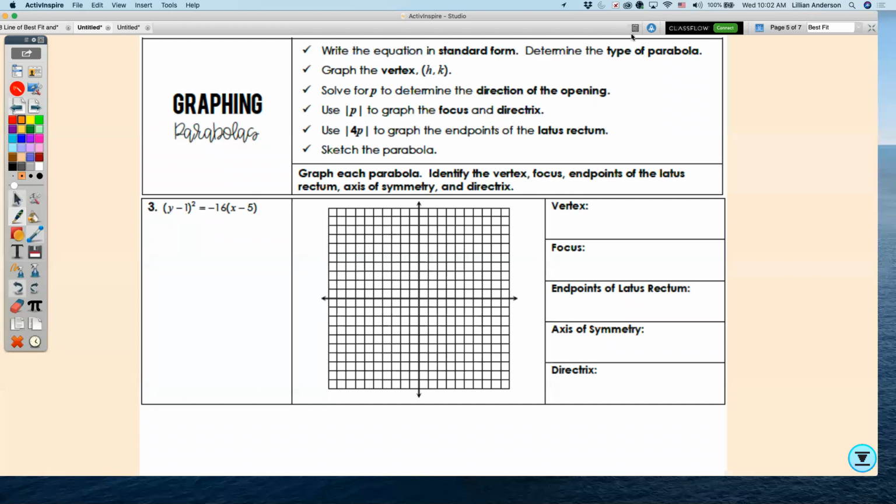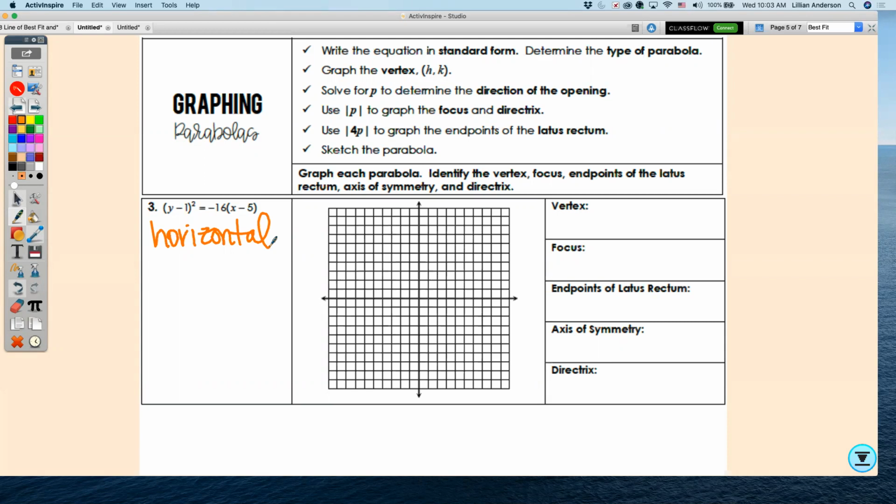Is it already in standard form? Yes. Is it horizontal or vertical? Horizontal. You know this because the y's are squared, which means it's going to open either left or right. Now be very careful here. Because it's horizontal, when we do the vertex, remember it's HK.